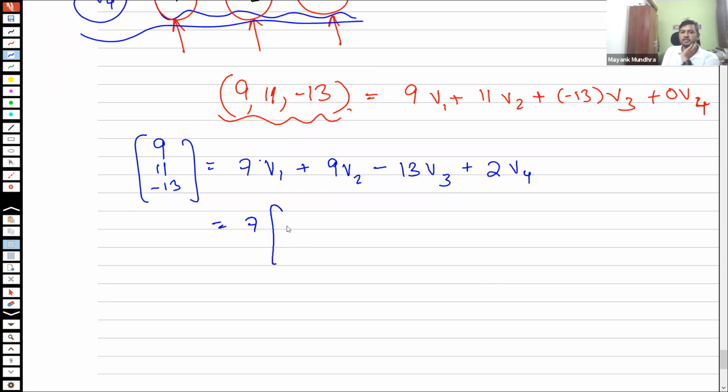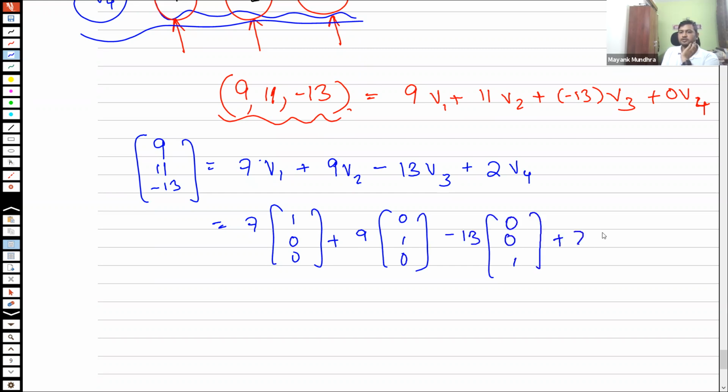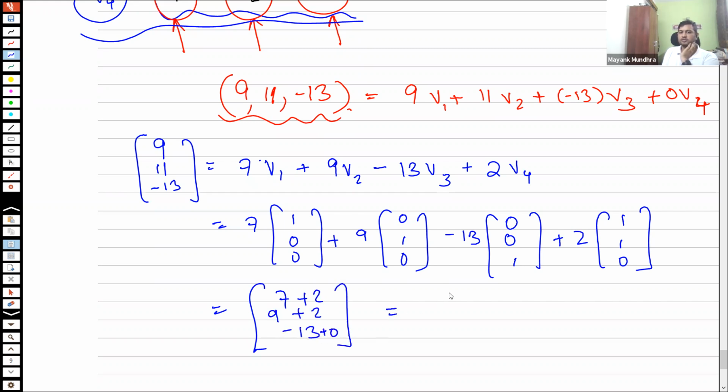So this is basically 7 times (1, 0, 0) plus 9 times (0, 1, 0) minus 13 times (0, 0, 1) plus 2 times (1, 1, 0). When you add these up, you will get 7 plus 2, 9 plus 2, minus 13 plus 0. So that is (9, 11, -13).